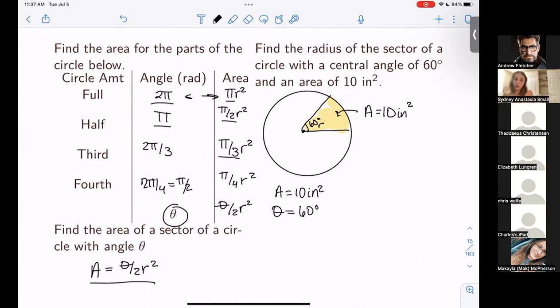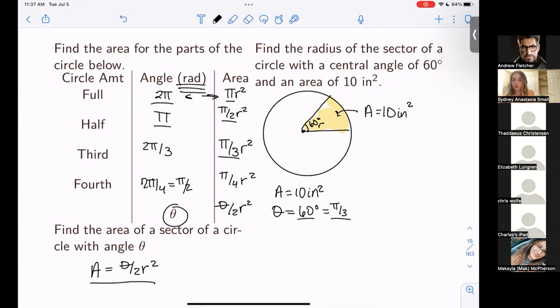However, I would like to work with theta in radians because I need to for that comparison with the radius. And I actually don't even need to do math to know that 60 degrees is pi thirds. This is one of the key angles on the unit circle you will need to memorize. 60 degrees will always be pi over 3 radians.